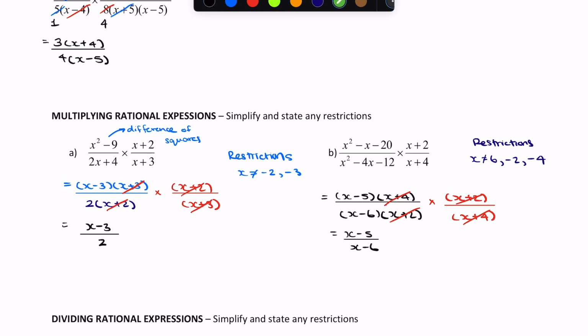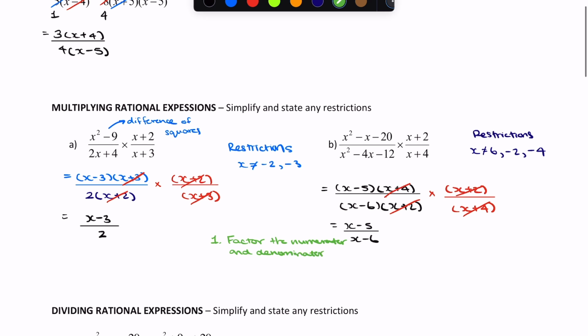Okay, so if we look at the three steps that we take to simplify and state any restrictions for these rational expressions that are being multiplied, the first step is to factor the numerator and denominator.